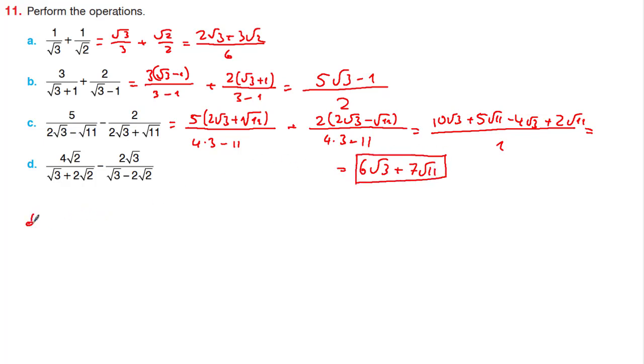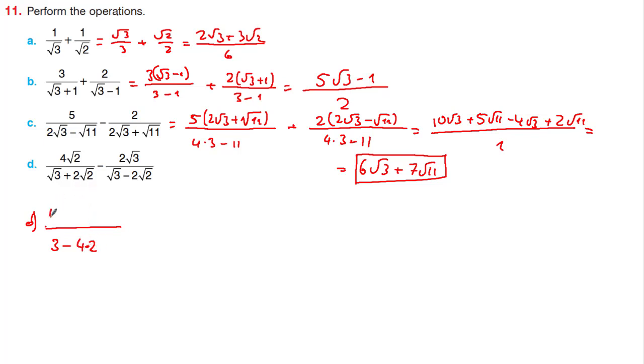And the last one under D, exactly the same process. We rationalize these two fractions. I trust you can do that one. So you'll get 3 minus 4 times 2.